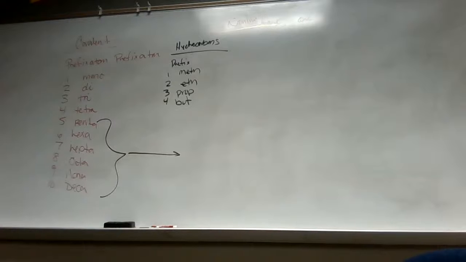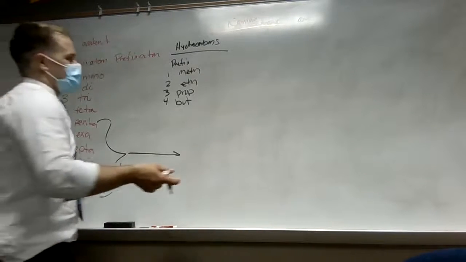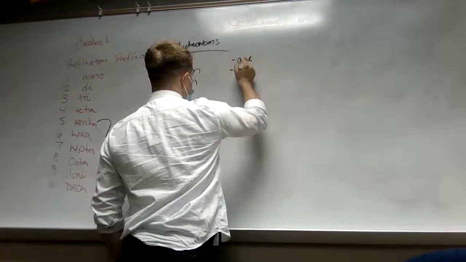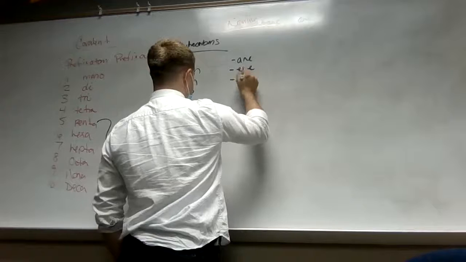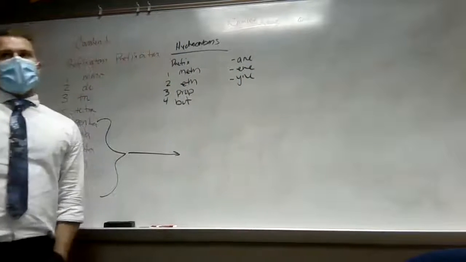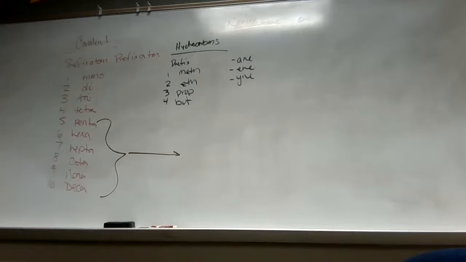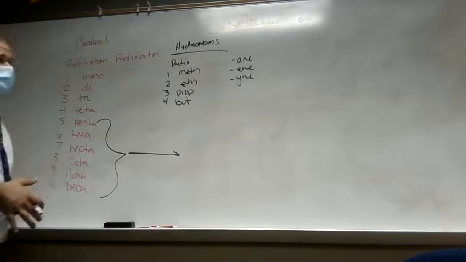Remember that you start off with those 4 that are different. Your endings are determined by the type of bonds. We have ane for alkanes, ene for alkenes, and yne for alkynes. Those go in order of your vowels, A, E, I, O, U, the same order as increasing bond strength. Any questions on that?